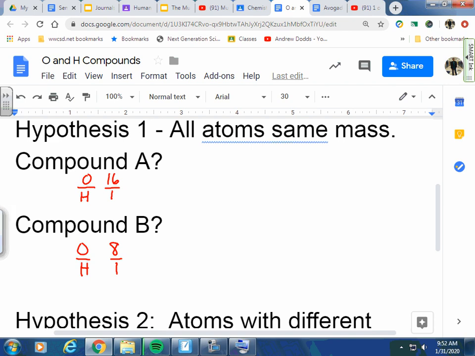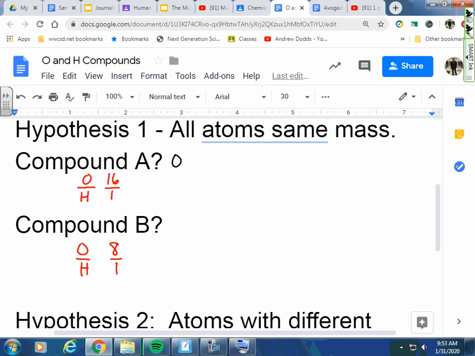Okay, so how can we do compound A if all atoms have the same mass? You know, or you're confused? Okay, what did you say? So 16 white circles? What do those white circles represent?